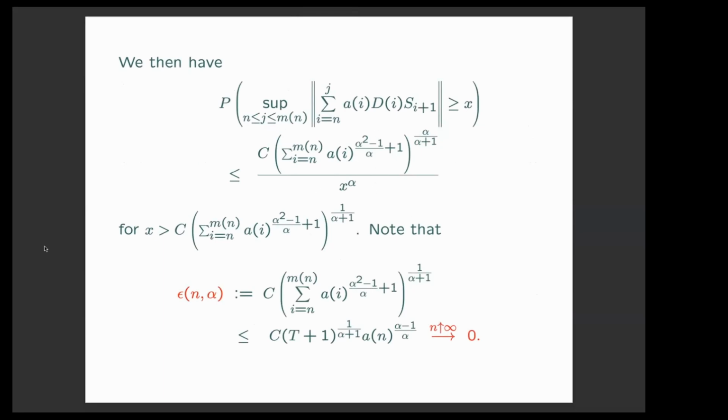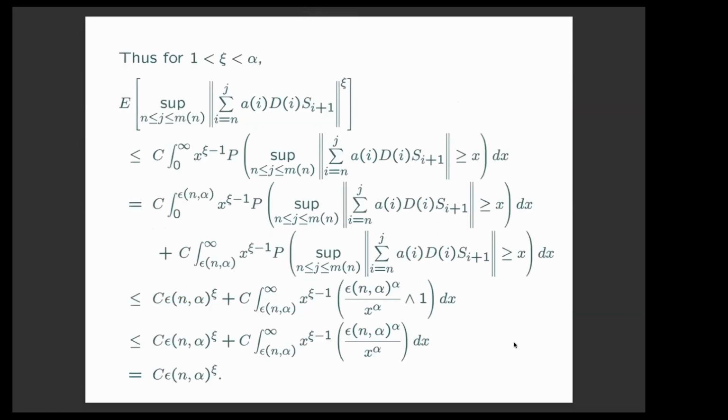So this is true only for x large enough. And then given our assumption from the choice of alpha, etc., we can show that this term epsilon_n, from alpha bigger than 1. And then, basically it's in staggered calculations.